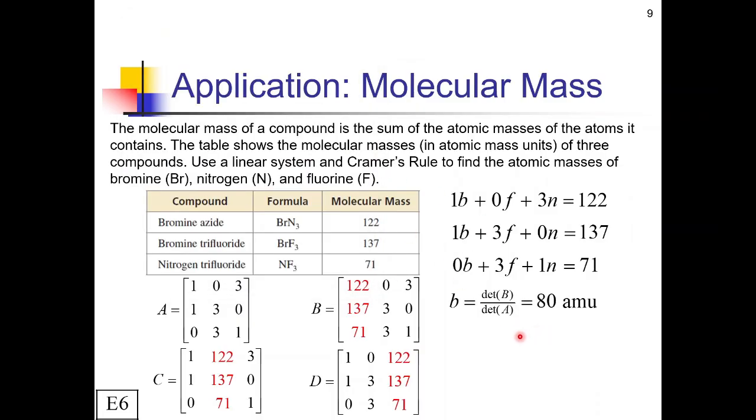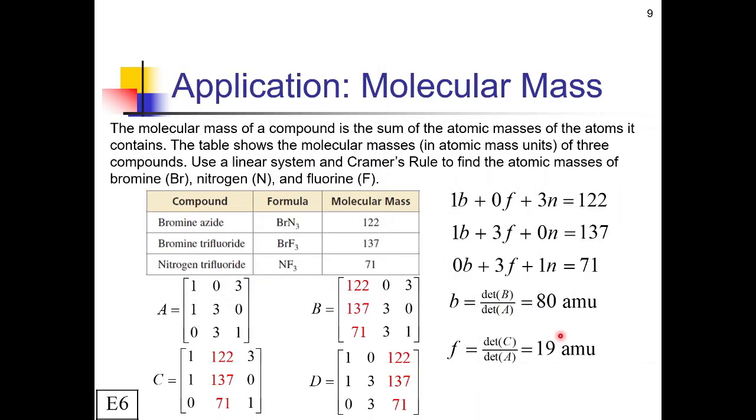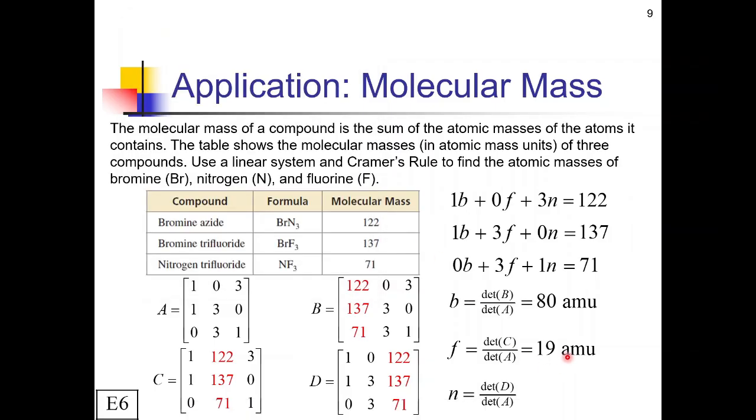All right, for F, that's going to be C over A. So we'll just go here and replace the B with a C. That's 19, it's pretty light. And then finally, for nitrogen, we need the D over the A. So replace the C with the D. And, oops, that's more than I wanted. Just D, not CD. All right, so 14. That seems a little bit more like it.